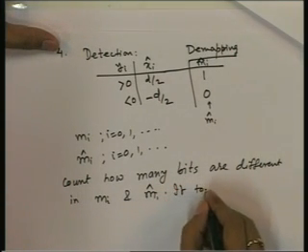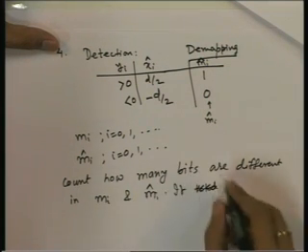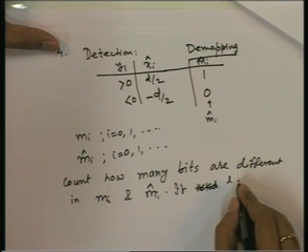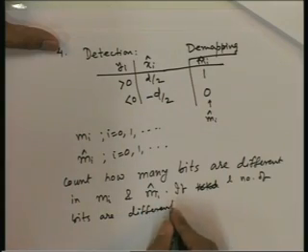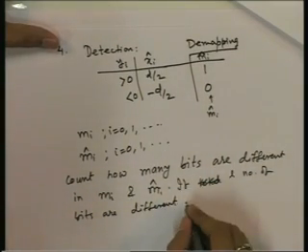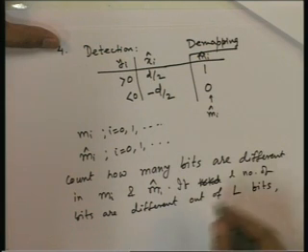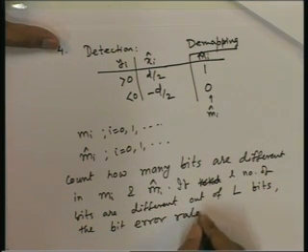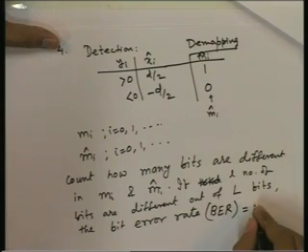If, say, L number of bits are different, that is, if L number of bits were received wrongly out of, say, capital L bits, then the bit error rate, also called BER in short in most of the literature, is L by capital L.